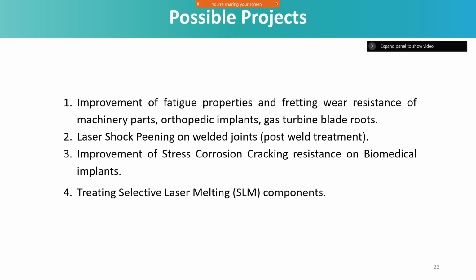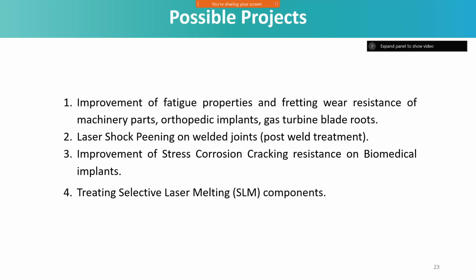So what are the possible projects that you can work on? Improvement of fatigue property and fretting wear resistance of machinery parts, orthopedic implants, gas turbine blade roots, laser shock peening on welded joints. One of my PhD students is working on this. And improvement of stress corrosion cracking resistance on biomedical implants, and treating selective laser melting components.